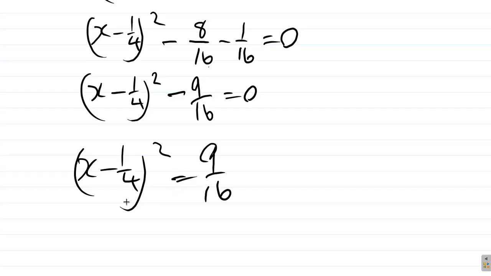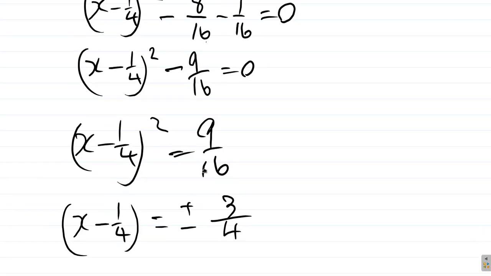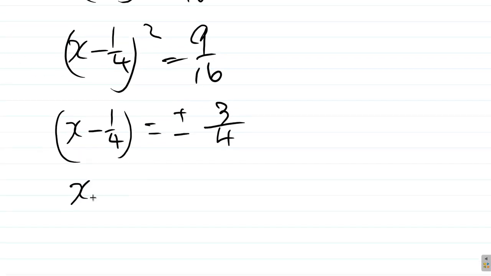Then square root both sides, and you get x minus a quarter is equal to positive and negative square root of 9/16, which is 3. Square root of 9 is 3 over square root of 16 is 4. So you can say now that x is equal to, add a quarter to both sides, a quarter plus or minus 3/4.